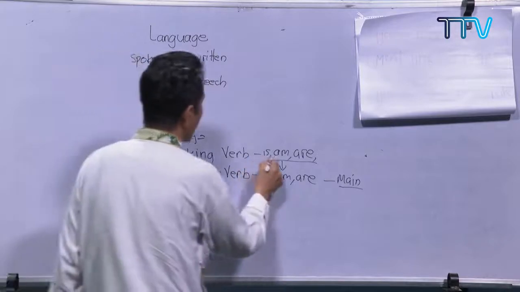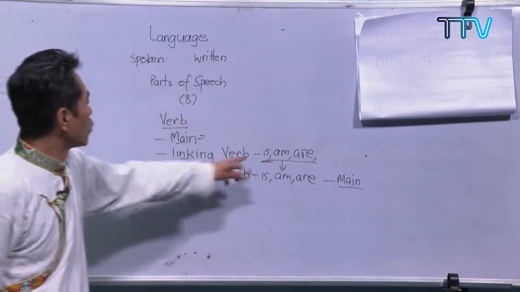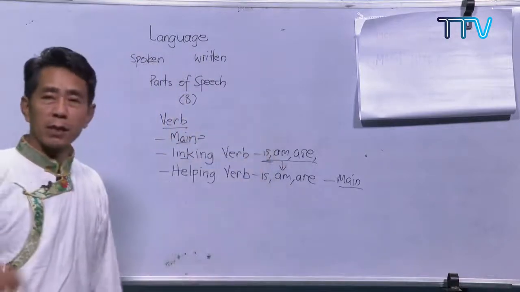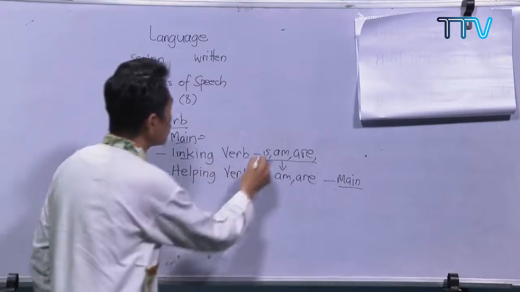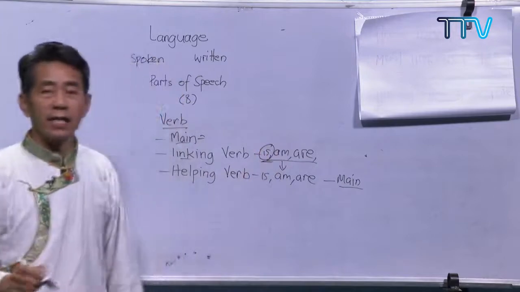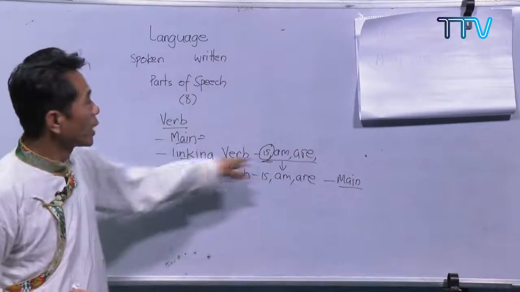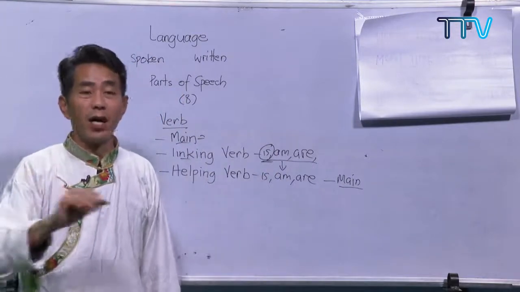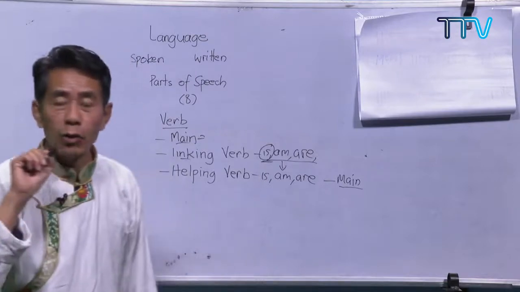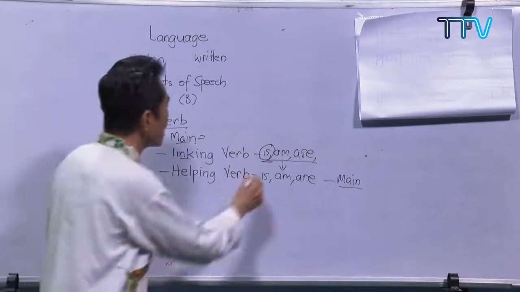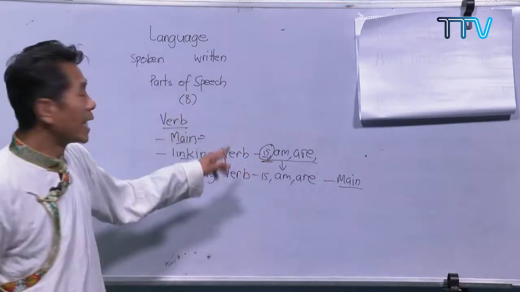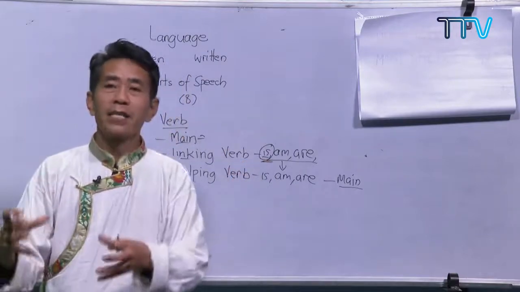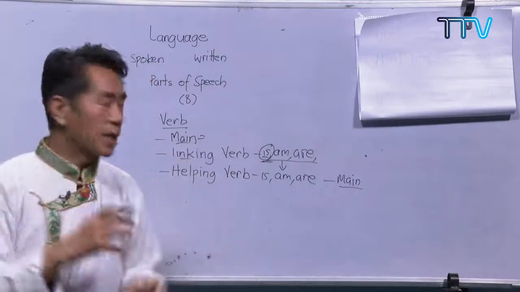Whereas in another sentence, for example, Tashi is a teacher, this is a linking verb, because you don't see any main verb. You see teacher, a noun. So this is a linking verb, because it links teacher to Tashi.